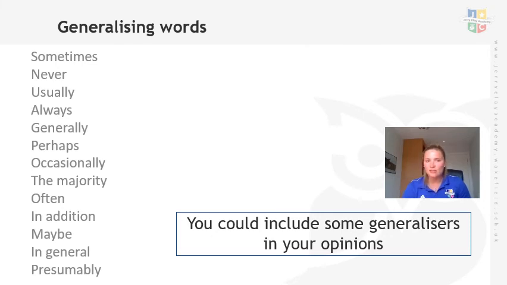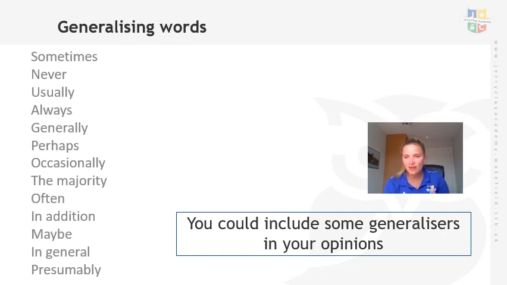That's an example of what you could do. If you've not written any opinions yet, or you haven't got any generalizing words, see if you can add one or two of these words into your sentences, just to give a little more detail.